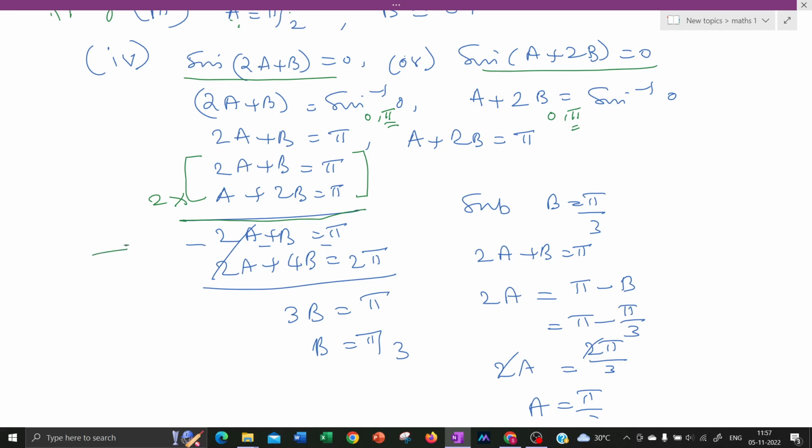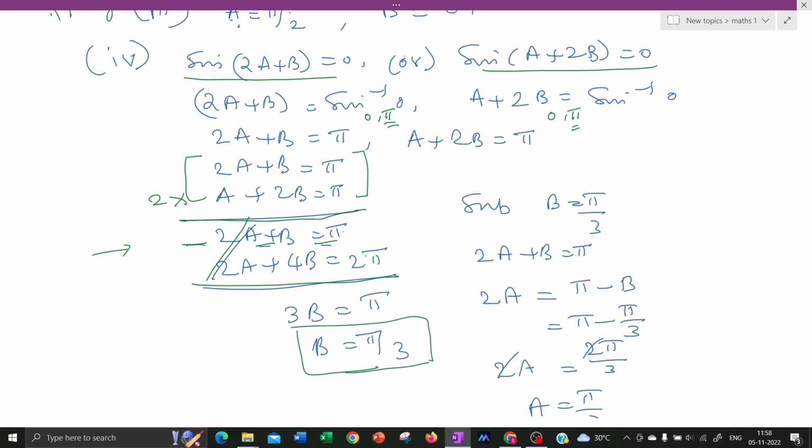Then the second equation multiplied by 2 gives 2a + 4b equal to 2 pi. Subtracting, the 2a gets cancelled, 4b minus b is 3b, and 2 pi minus pi is pi. Therefore, we get b equal to pi by 3.